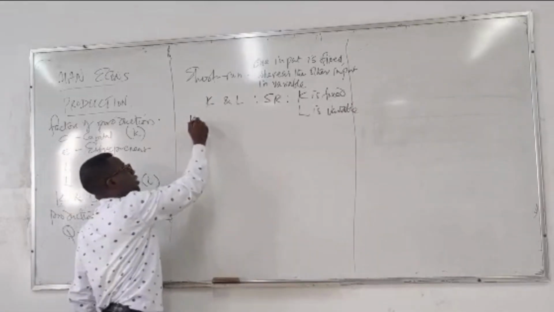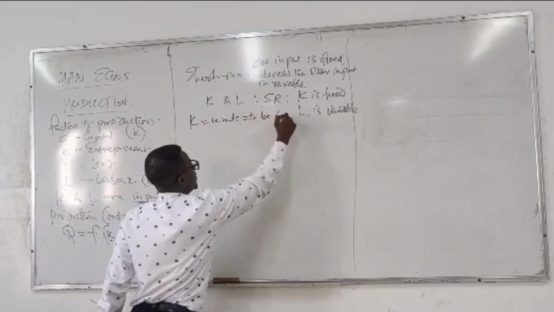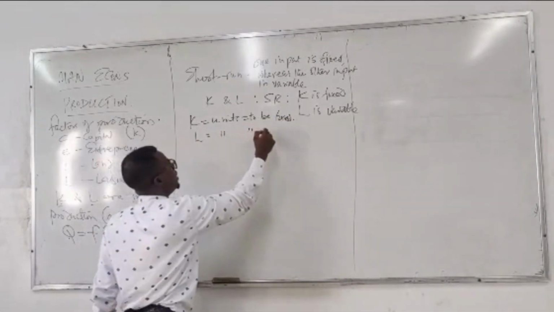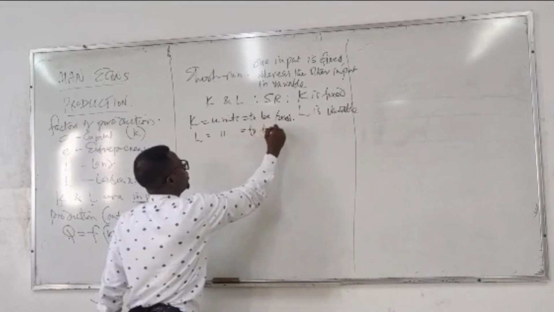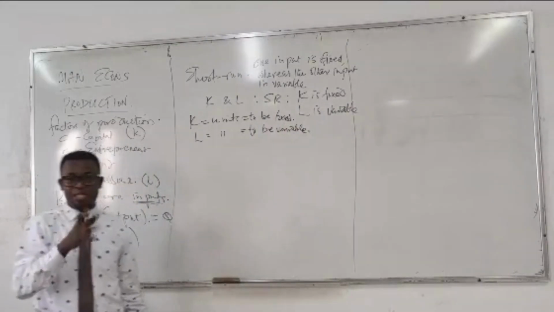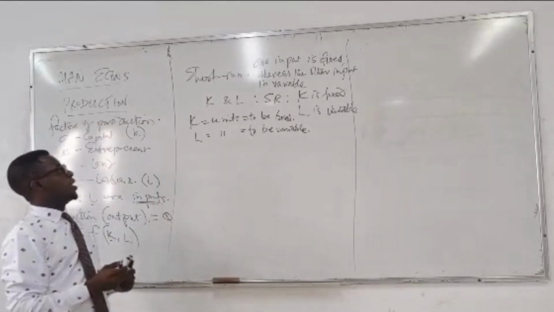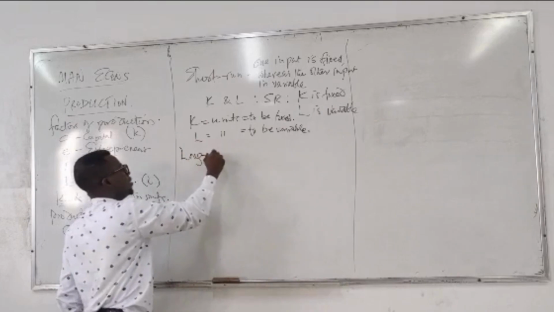Usually the capital will be in units to be fixed, and labor will be in units to be variable. So in the short run, capital is fixed, labor is variable.